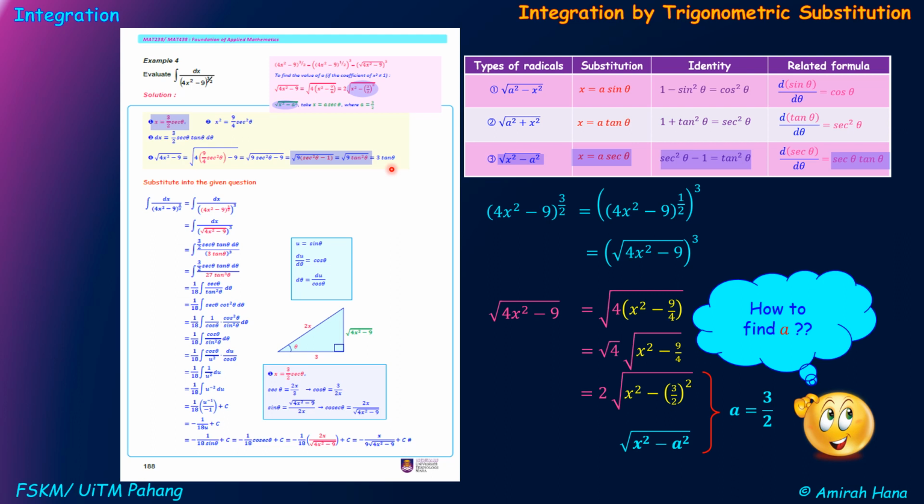Okay. So, bahagian yang atas ni, just follow dia punya step saja. Tapi, you kena tahulah kalau bentuk dia x dekat depan, in between minus, constant dekat belakang. So, kita kena choose x equals to a sec theta. Right?